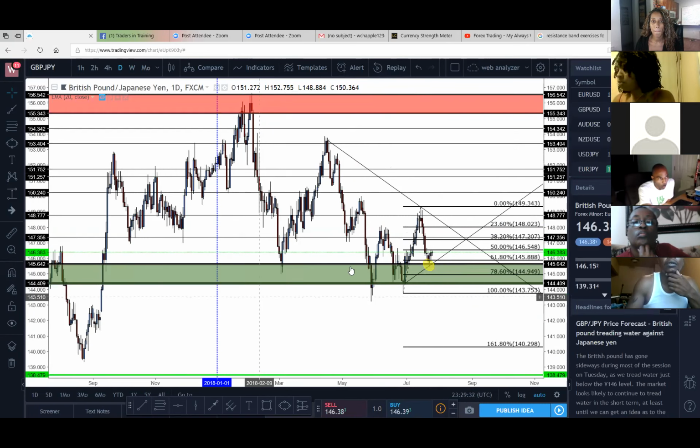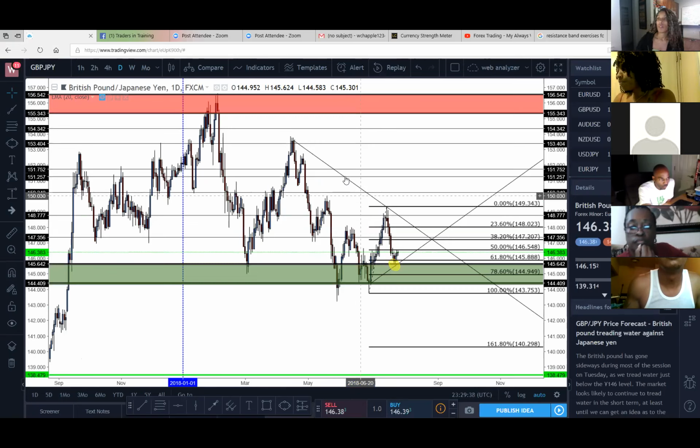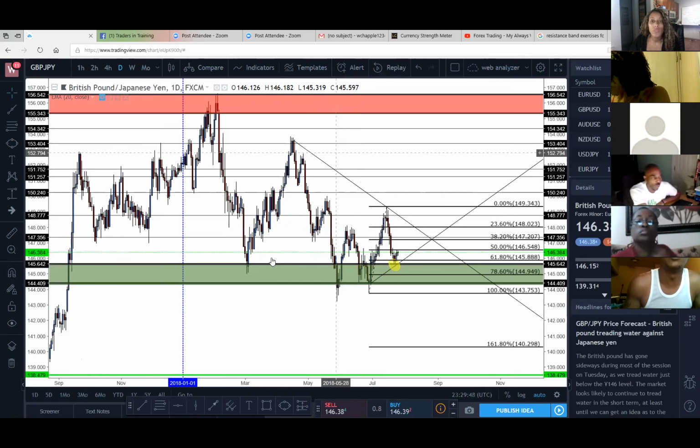You know, this pair doesn't really have an engulfing candle at the top. All the way down here is the last one. Okay, open up your chart some more. You kind of went thin on me. Widen it.